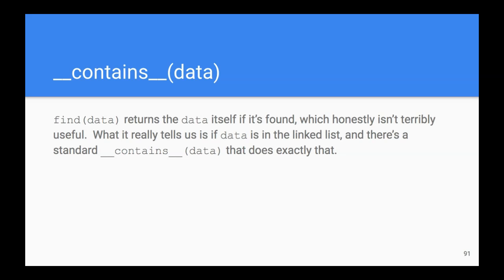The question that find is really trying to answer is whether data exists inside the linked list. And when we're trying to check if something exists in a particular data structure, there is a standard dunder contains method that if you implement it, it does exactly that.